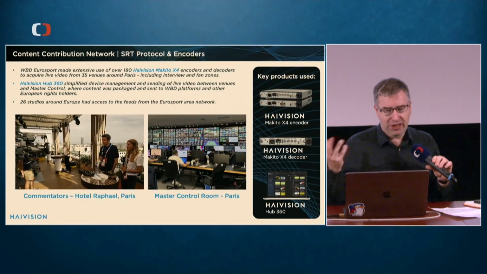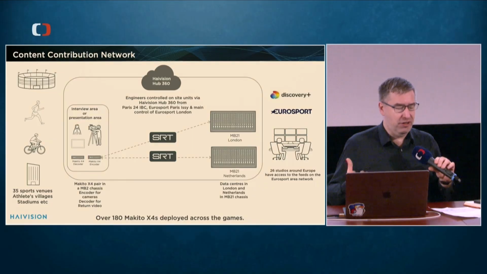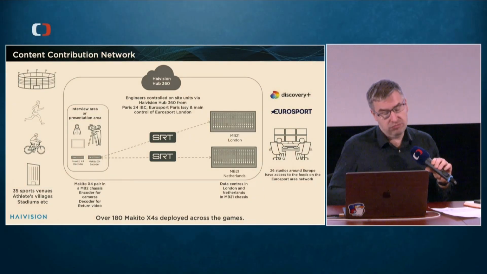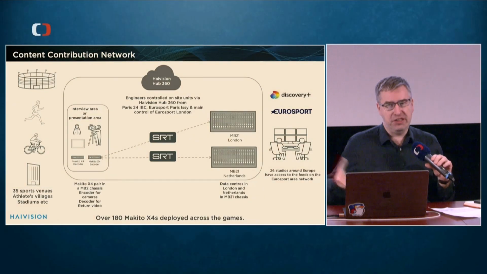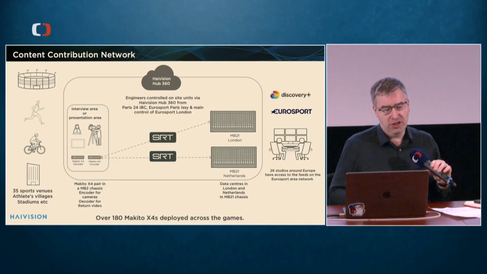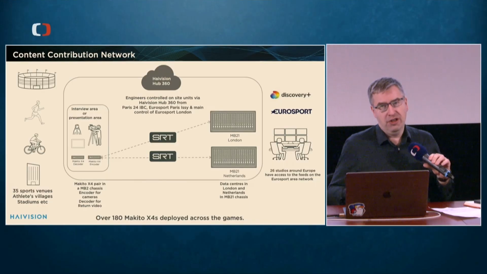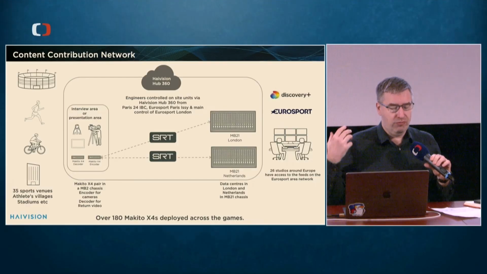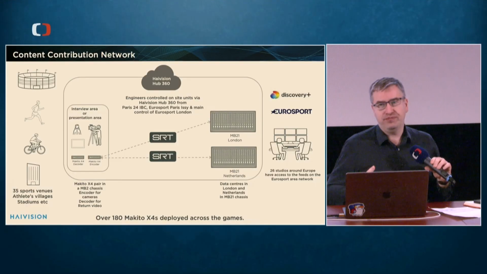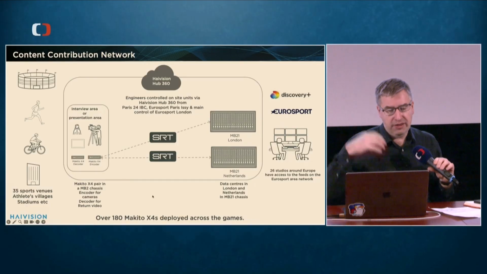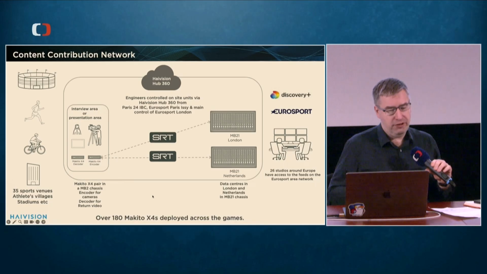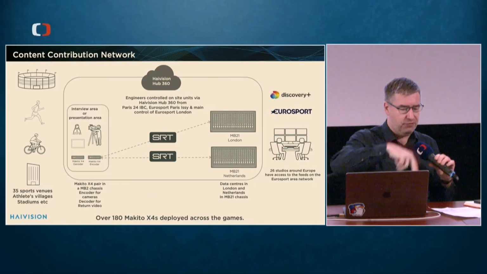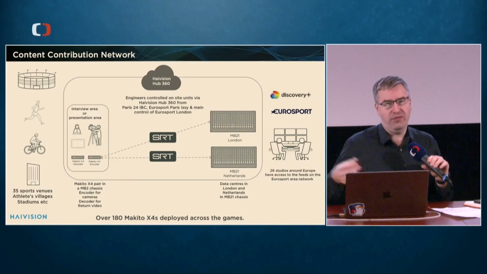And in the end, they ended up building rack cases, flight cases, for all these positions that contained Makito encoders, decoders. And then only having a 50 Mbit public internet line in each of the stand-up positions.